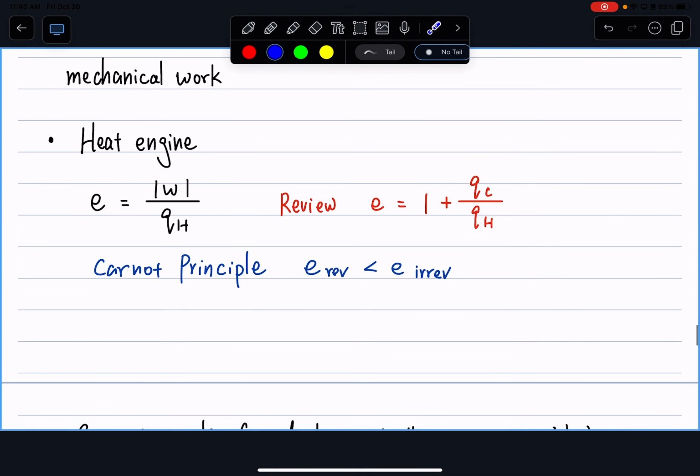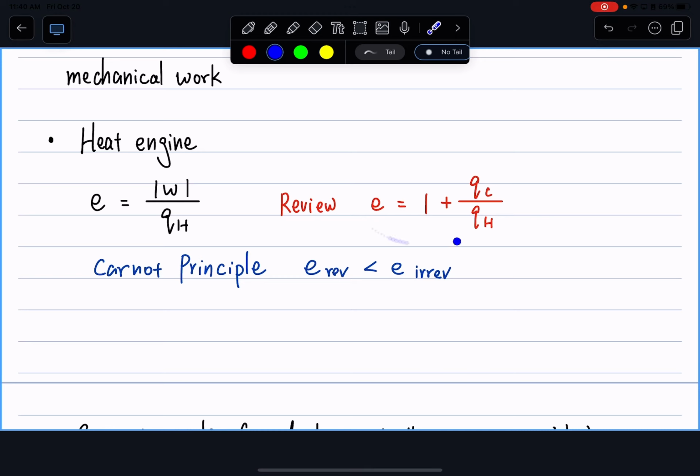And then we went over what a heat engine is, how we define a heat engine, where a heat input into the engine does work on its surroundings and outputs the leftover heat into a cold reservoir, and we define the efficiency of that heat engine in the process.